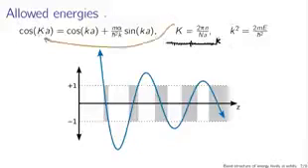We have something that looks like cosine of something related to the energy, plus some constant times sine of something related to the energy divided by something related to the energy. You can simplify these a little bit. In particular, I'm going to redefine the variable z equal to lowercase k times a, which means this is going to be cosine z plus some constant times sine z over z.